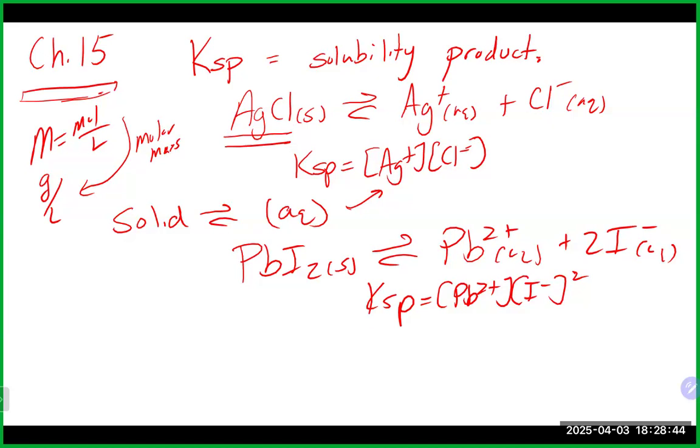We do an ice table, and we do it very much like the other ice tables we've done, except that in this case we do use S a lot of times instead of X, and S does stand for the molar solubility. So when you solve for S in the ice table, just like you would solve for X, that will give you the molar solubility of that particular compound. We could also use it to figure out the ion concentrations at equilibrium of each of the ions.